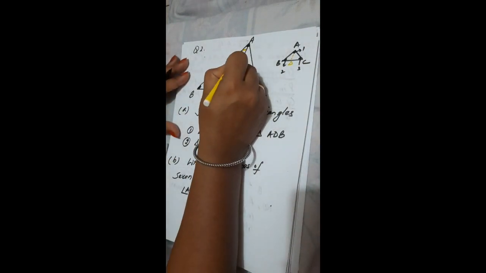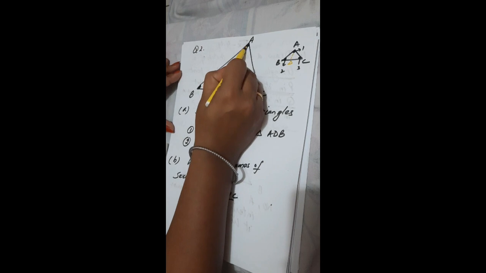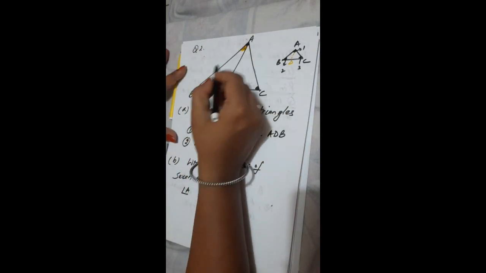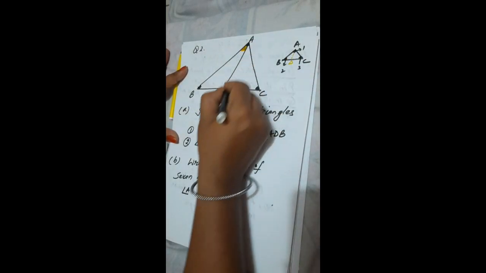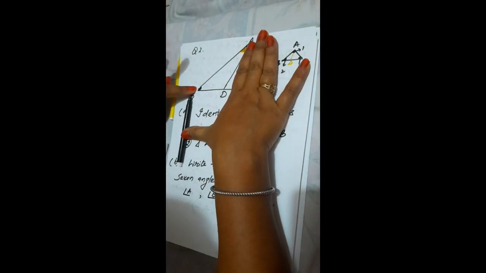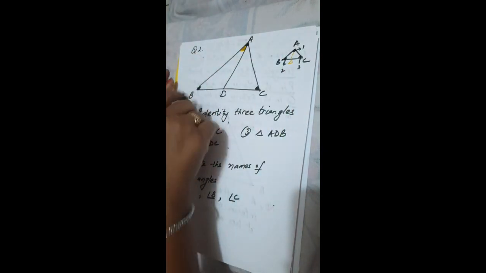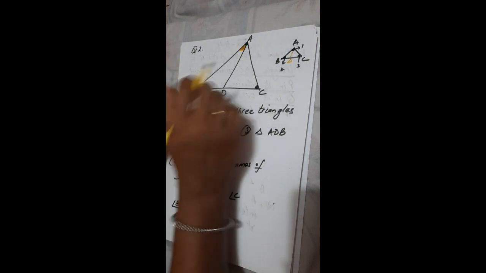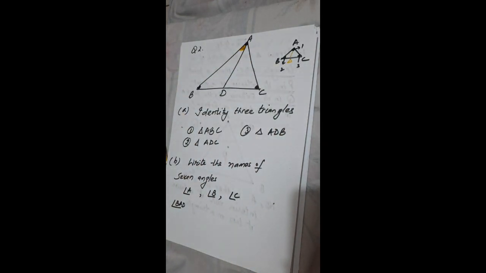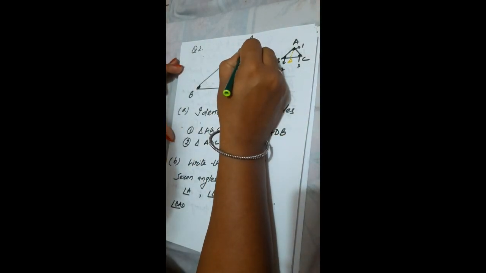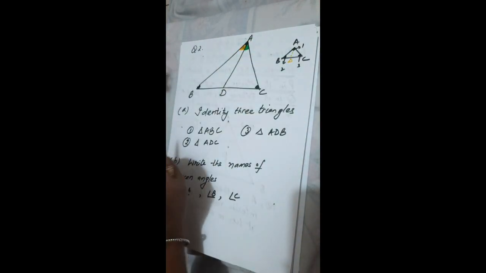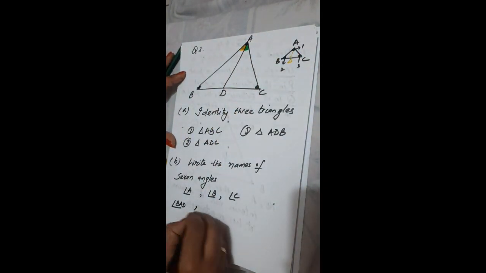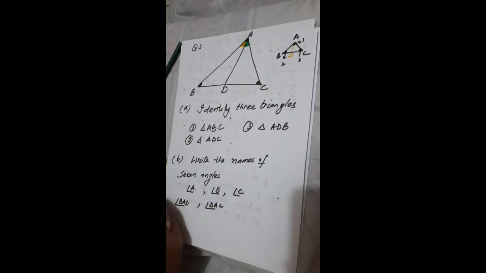Now next we have this portion, only this angle, as A is the complete one. But here if I take only this, I will write BAD. So my next angle is BAD. Now next we have this angle, this can be named as DAC.